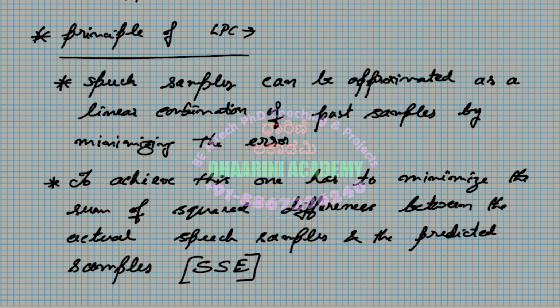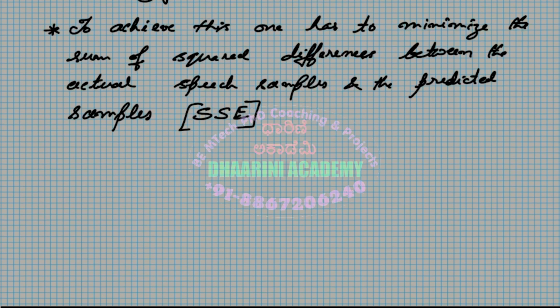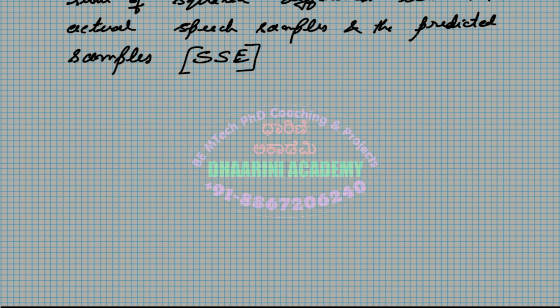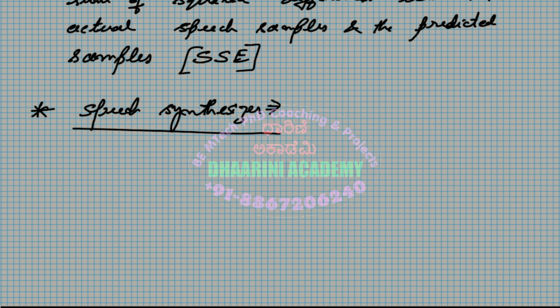All right. Okay, now let's look at the speech generation process. I think we have discussed this once, but let us try to make a simple model compared to the one we had discussed. In order to understand the whole process, we need to look at what is called the speech synthesizer, the one which generates the speech.